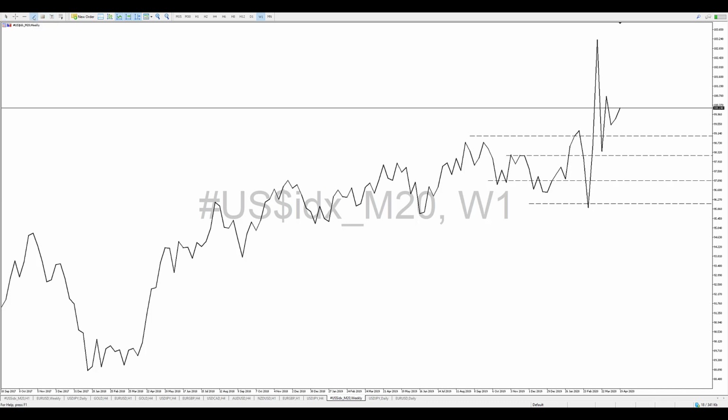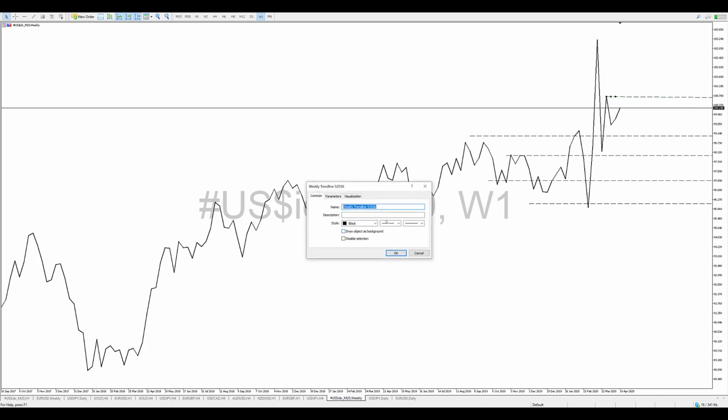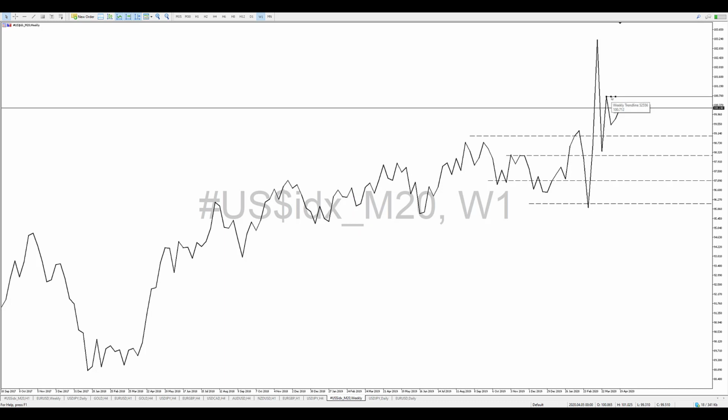I'm going to mark out the peaks and the lows on a weekly chart, and I'm going to make them a solid black line. So that high is coming in at the 107.40 price point, and then we've got a short-term low that was formed here.